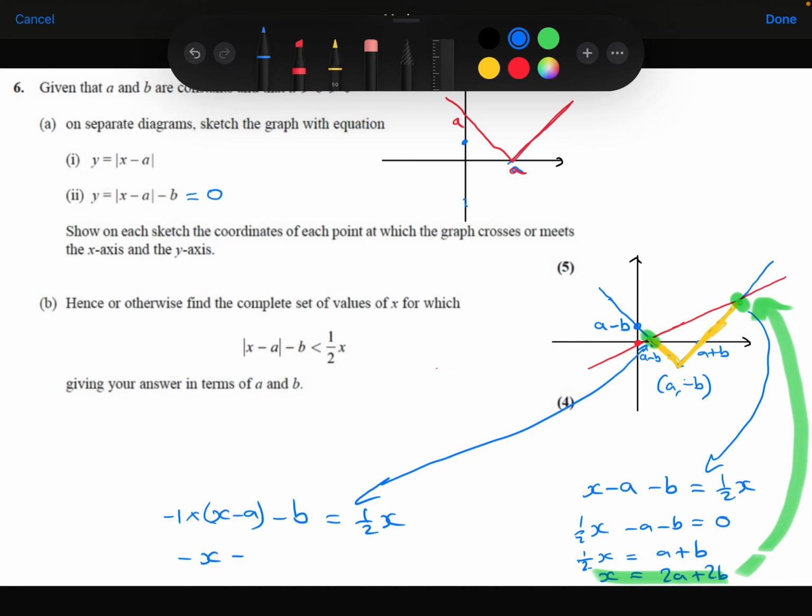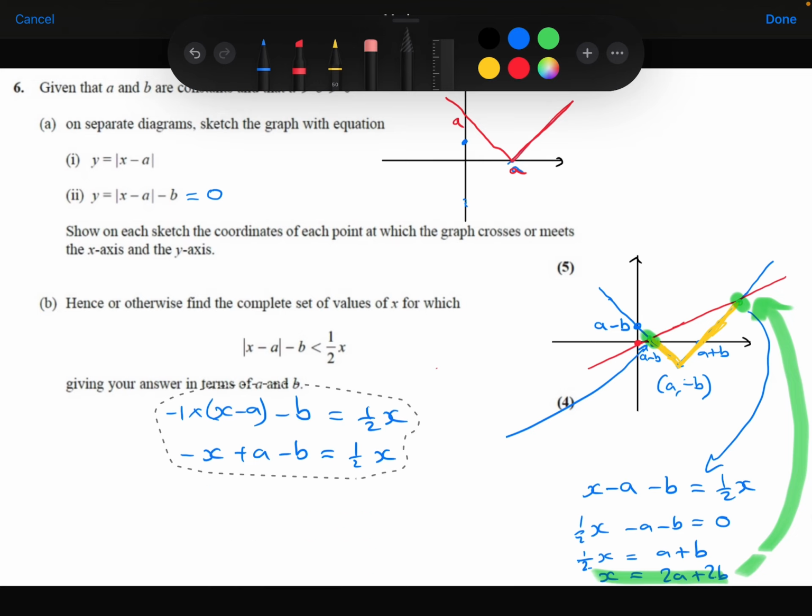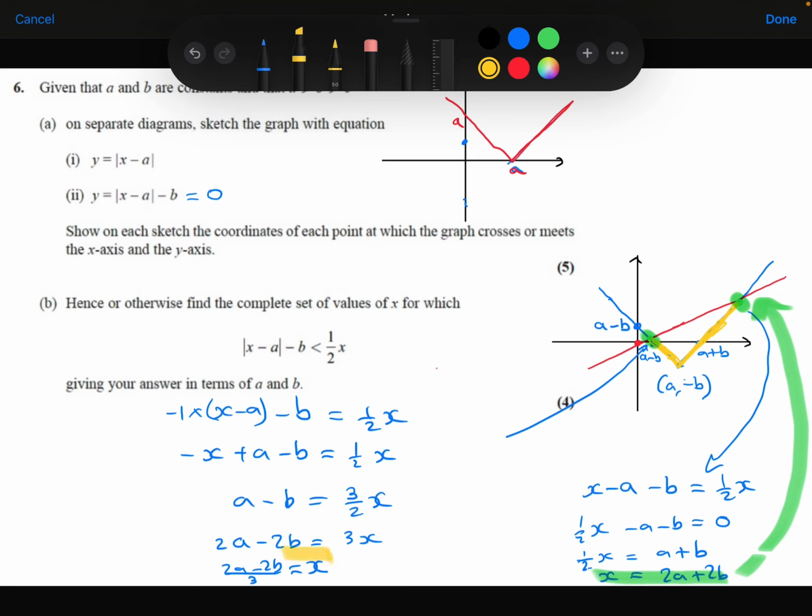So expanding those brackets out, I'm going to add the x to both sides. So add the x to the right hand side. The half x plus x is 3 over 2 x. Times both sides by 2. Divide both sides by 3. And so this is my x coordinate of this point.